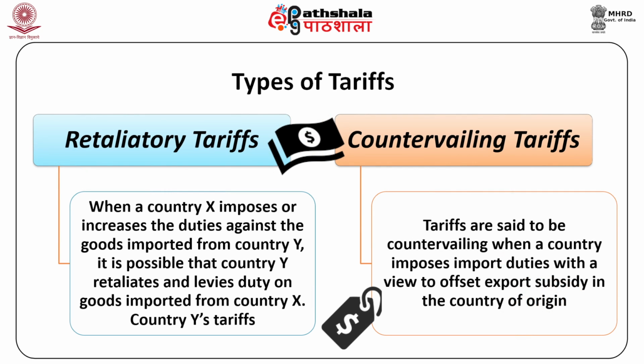When a country X imposes or increases the duties against the goods imported from country Y, it is possible that country Y retaliates and levies duty on goods imported from country X. Country Y's tariffs are then called retaliatory tariffs. On the other hand, tariffs are said to be countervailing when a country imposes import duties with a view to offset export subsidy in the country of origin.